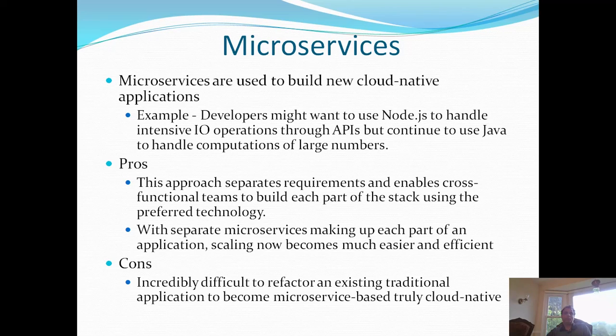What are the pros of microservices? It basically separates the requirements and enables cross-functional teams to build each part of the stack using a preferred technology. So this is the key, right? For example, if you really need an IO intensive application, you might go with Node.js. And even if you don't have the expertise, if you need such performance, probably you might have to invest.